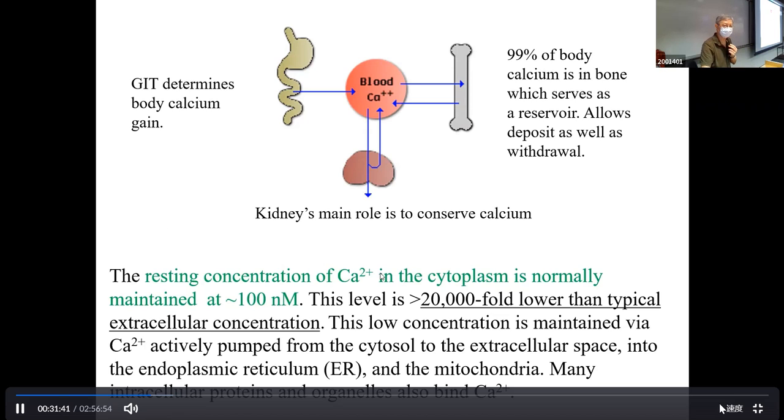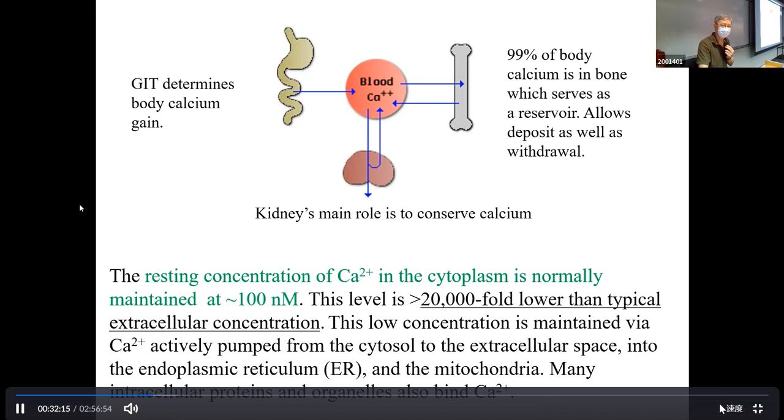So the resting concentration of calcium in a cytoplasm is normally maintained at a certain level. Don't worry about this value because I'm not going to ask you how much this is. Now, this level is many fold lower than the typical extracellular concentration. This low concentration is maintained through calcium actively pumped from the cytosol to the extracellular space and into the endoplasmic reticulum and so on.